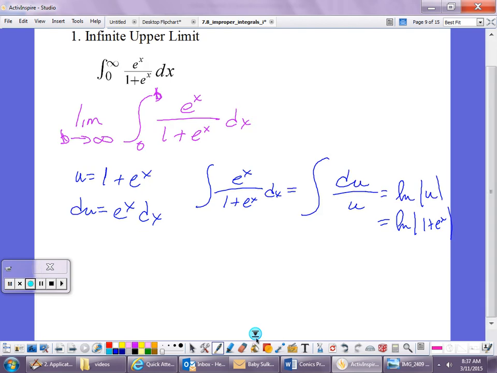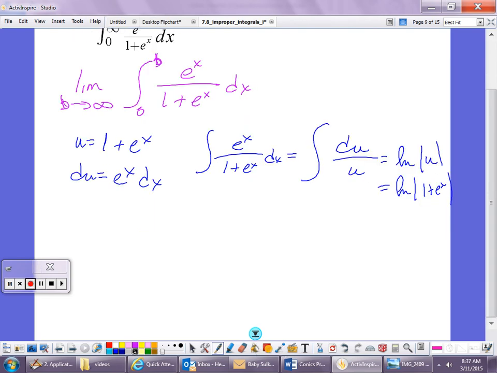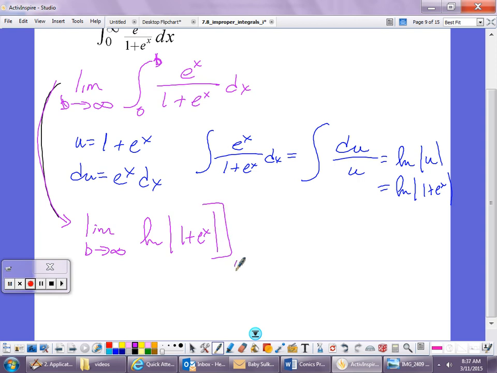So that means that I end up with, going back, the limit as b goes to infinity of ln 1 plus e to the x from 0 to b.